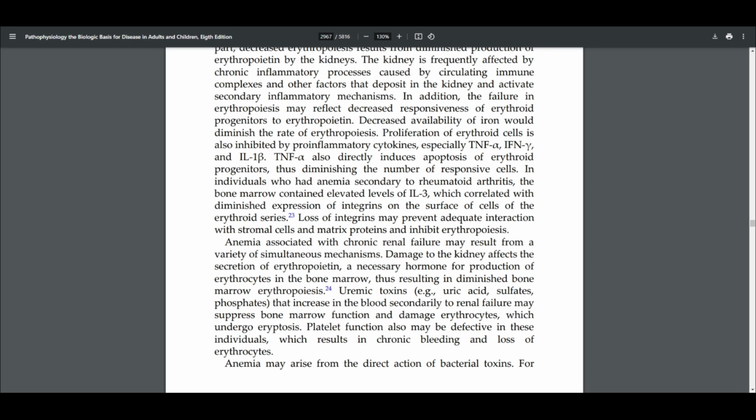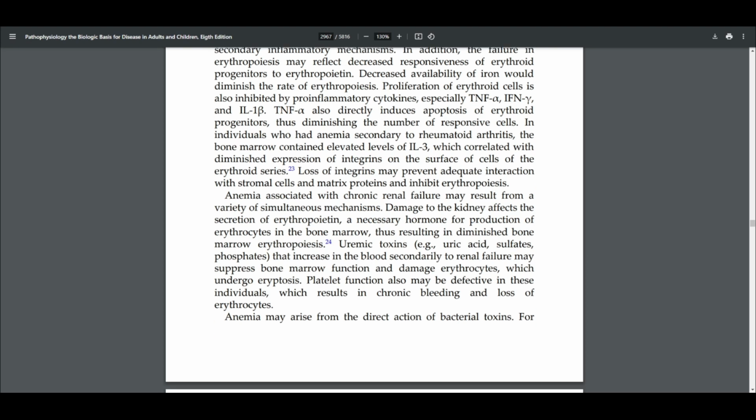In individuals who had anemia secondary to rheumatoid arthritis, the bone marrow contained elevated levels of interleukin-3, which correlated with the diminished expression of integrins on the surface of the cells of the erythroid series. Loss of integrins may prevent adequate interaction with stromal cells and matrix proteins, and inhibit erythropoiesis.